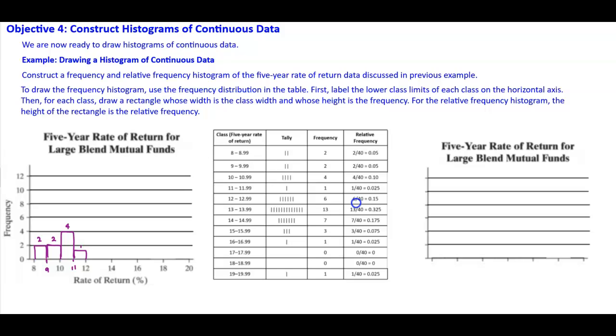And then let's put in the midpoints here. So this is 13, and this is 15, and this is 17, and then this is 19. Between 12 and 12.99, we're going to go all the way up to 6. And then between 13 and 13.99, we have 13, so we're going to go all the way up to here.